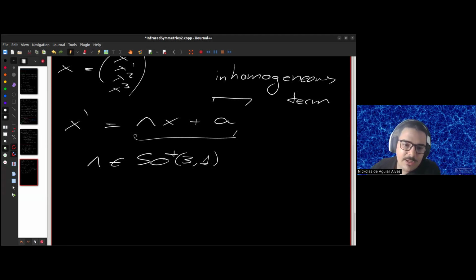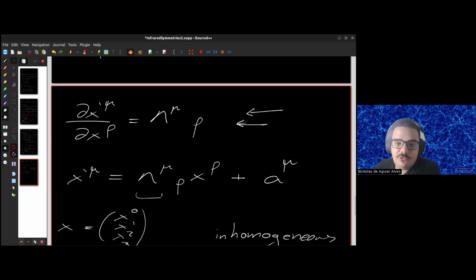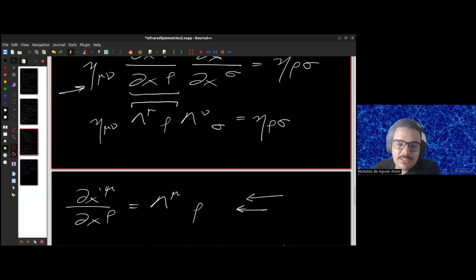So I'm assuming lambda comes from here, and this condition is necessary because in my differential equation, I had that this lambda here satisfied this expression here, which is exactly the definition of a Lorentz transformation.